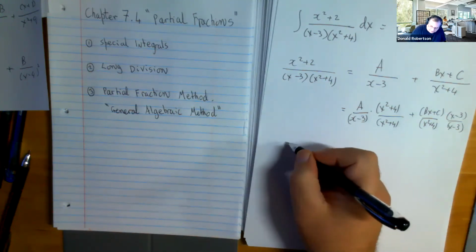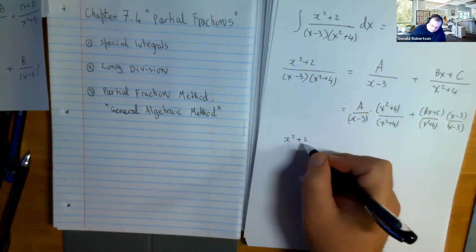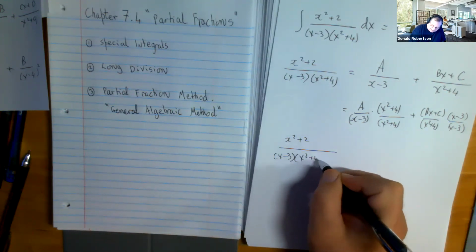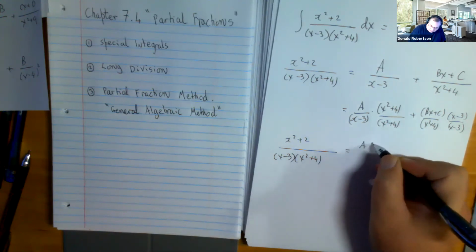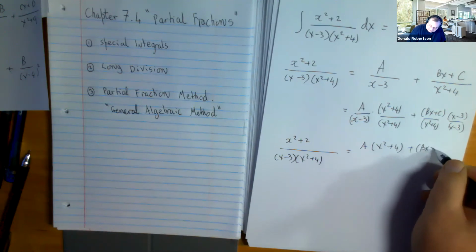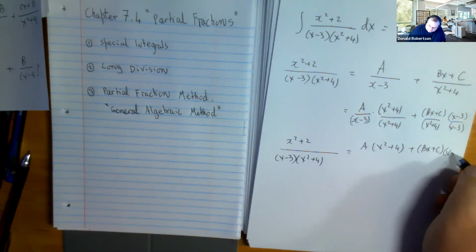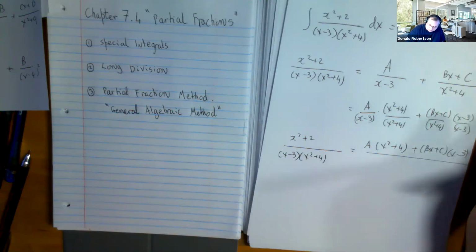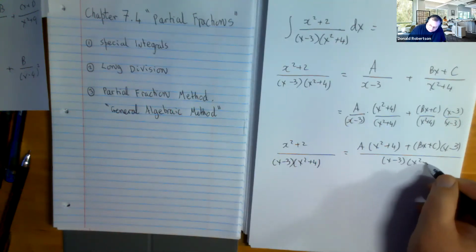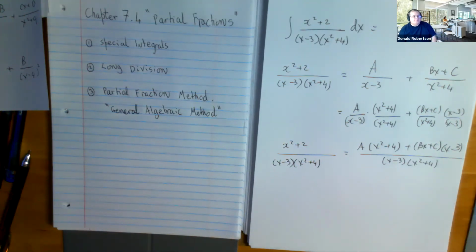So we now have x squared plus 2 is the same thing as A lots of this guy plus Bx plus C of this guy, all over x take away 3 times x squared plus 4, right? That would be my step 2. So partial fractions get combined back together again.